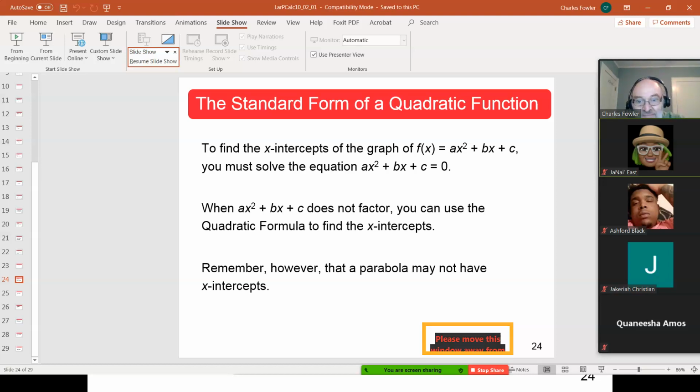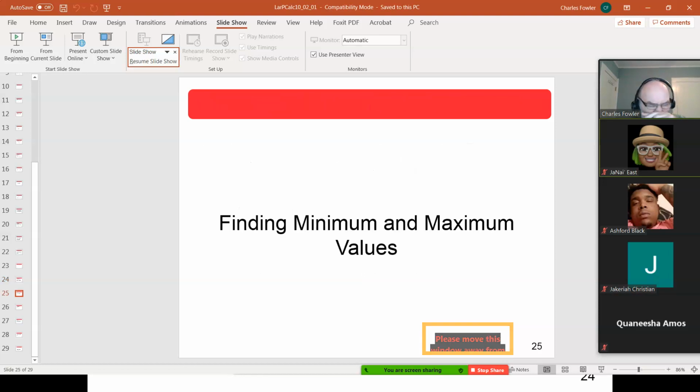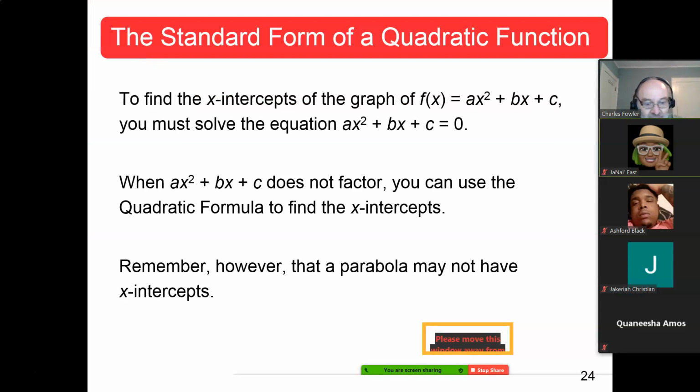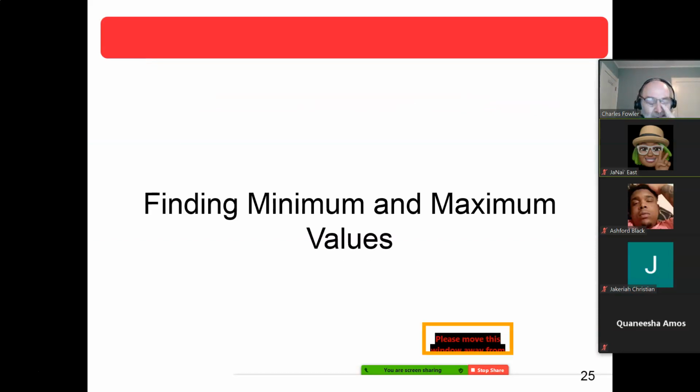Okay, so let's go to finding minimum and maximum values, top of page 119.